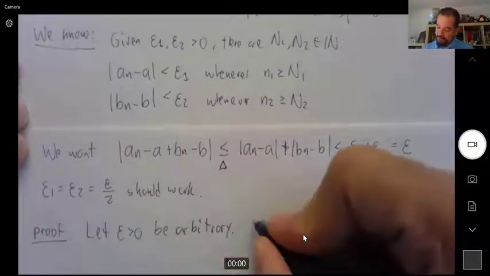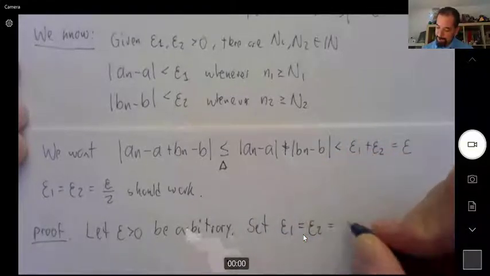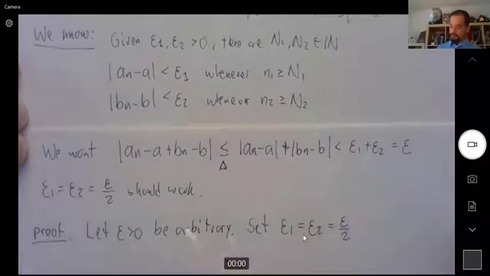Now I'm going to set epsilon-1 and epsilon-2 as epsilon over 2.